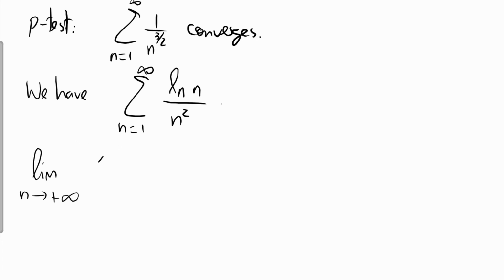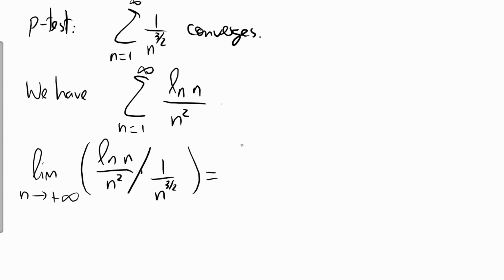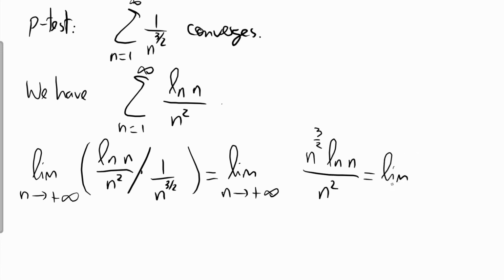We're going to take our series, ln n over n squared, and divide it by 1 over n to the 3/2. This gives us the limit as n goes to infinity of n to the 3/2 times natural log of n over n squared. So that's the limit as n goes to infinity of natural log of n over n to the 1/2.